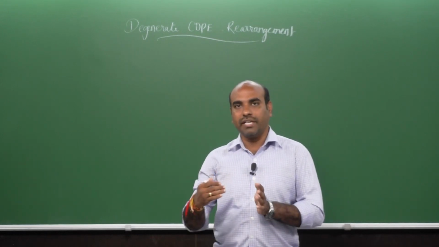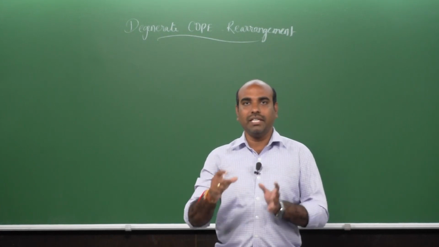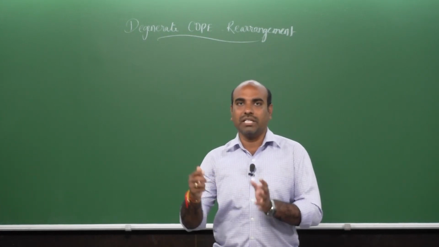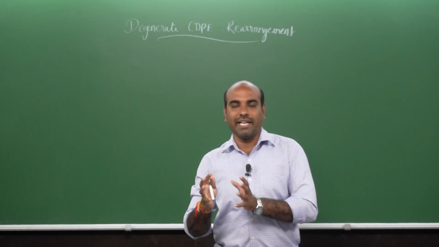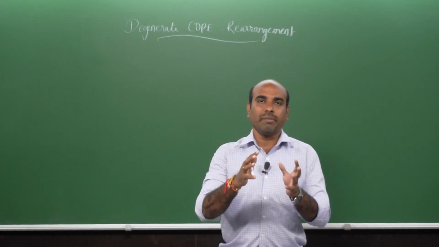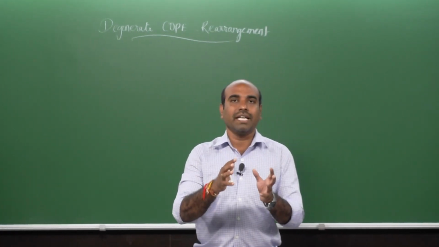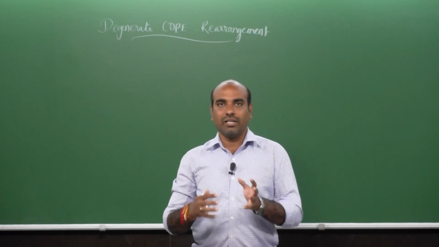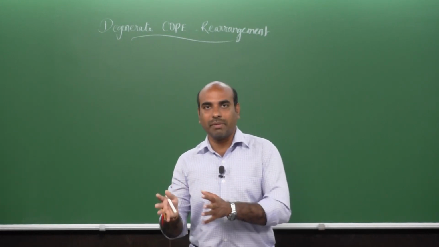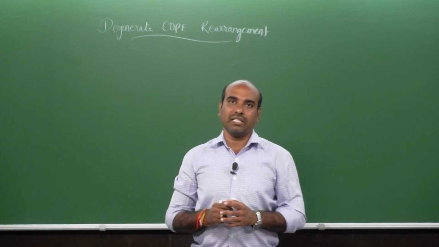In the T2g set, you can see three d orbitals having the same energy taken as a set, and the two remaining d orbitals are considered as the eg set. They are grouped like this because they have the same energy. So they are degenerate energy levels, right?